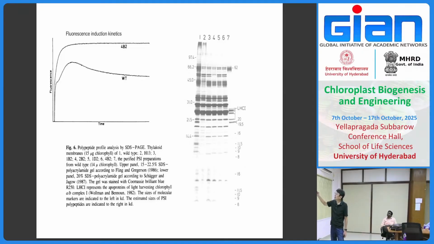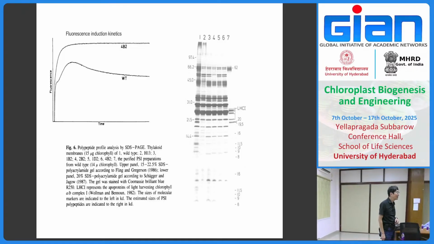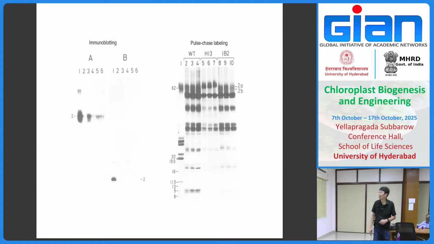So PS1 in the transformants is almost absent here. Although we knocked out the PSAC gene that encodes a small subunit of PS1, other PS1 proteins also seemed to be absent or decreased.